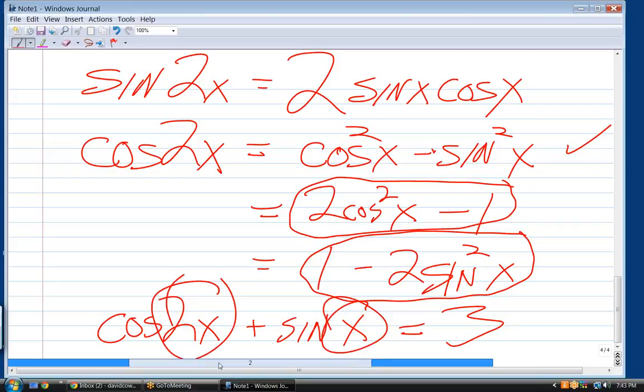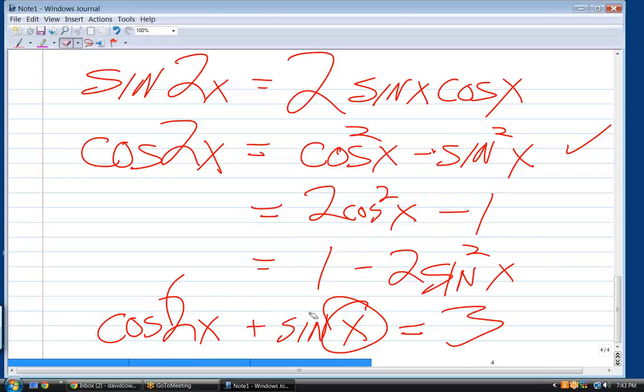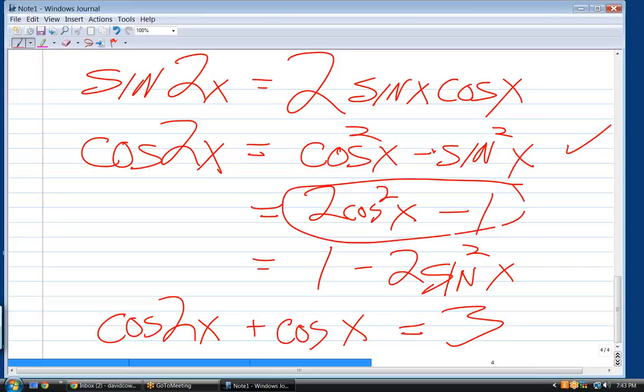In other words, x, not 2x. Okay? So that's what determines which identity you use, is what you want to turn the equation into. I want to turn this into an equation of sine. I'm going to use this one. If I've got a cosine there, then I want to turn it into an equation of cosine. Nothing but cosines, I'm going to use that.